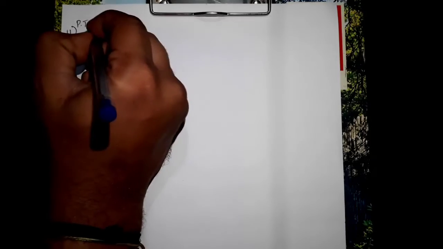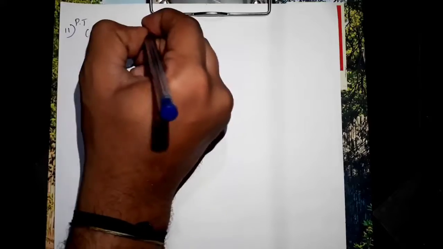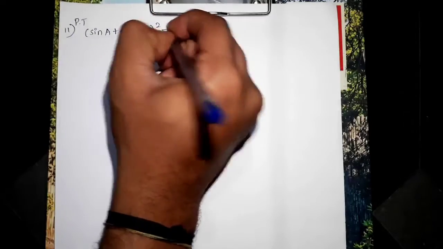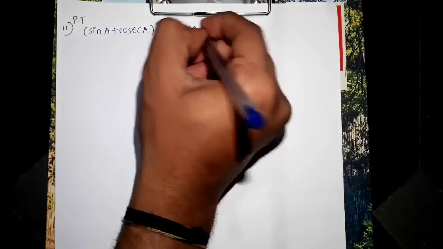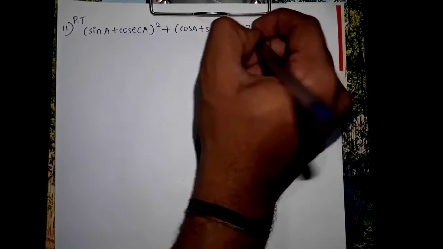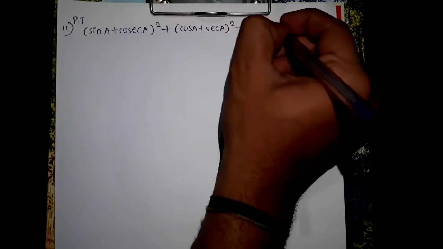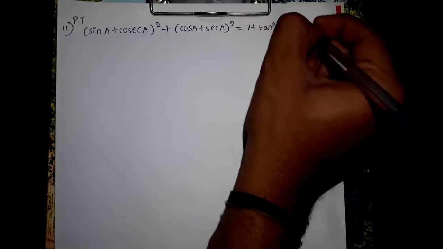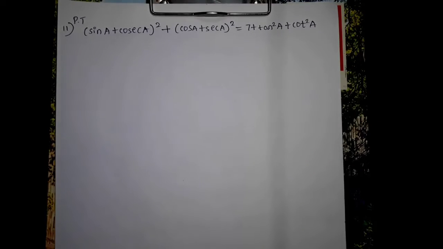Now let us go to the most repeated identity based questions. Question number 11. Prove that sin A plus cosec A whole square plus cos A plus sec A whole square is equal to 7 plus tan square A plus cot square A. Now please observe the question carefully.